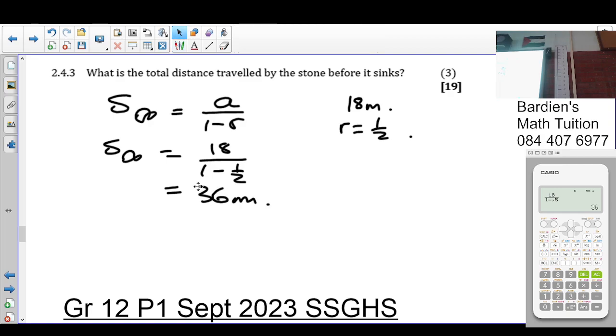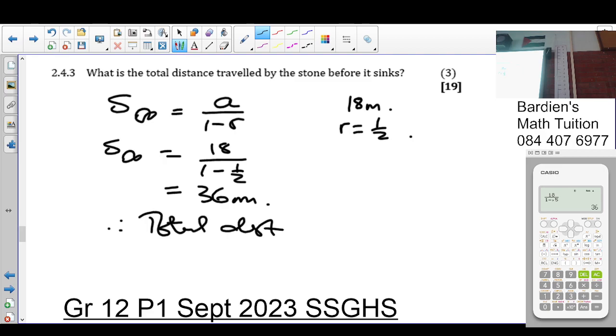So the total distance is going to be 36 plus the initial distance that the stone travels before this formula comes into play, which is 30.